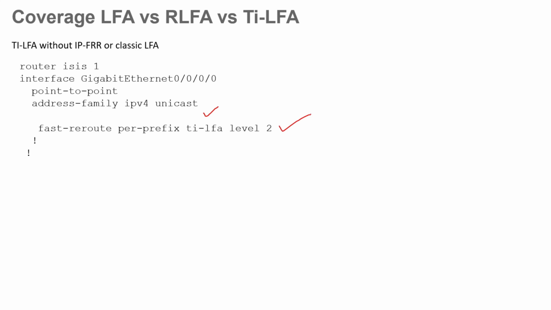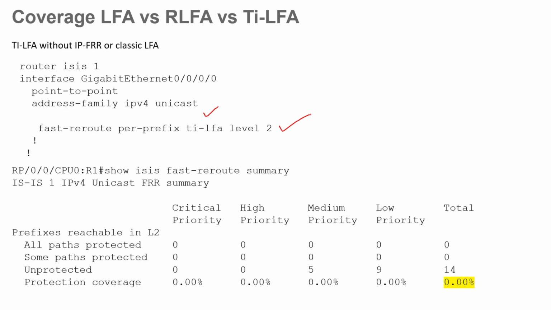So let's say we remove the per prefix loop free alternate command from the configuration. In that case your Ti-LFA won't work. You can see here percentage coverage is 0. So to implement Ti-LFA, you must have the per prefix loop free alternate enabled.